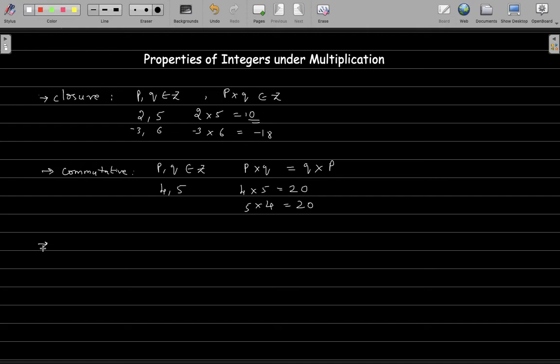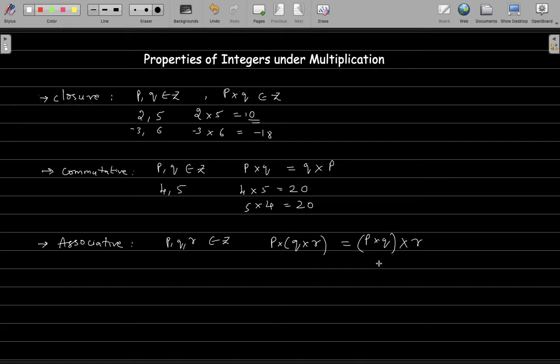Then the third property that we have is called the associative property. Now what is the associative property? If p, q and r are three integers, then p times (q times r) is equal to (p times q) times r.